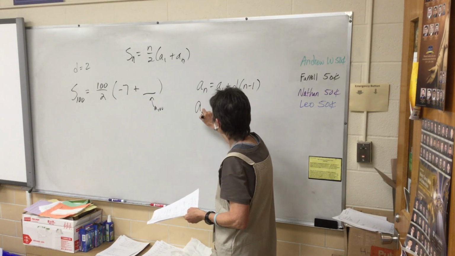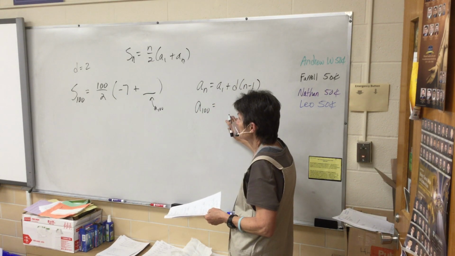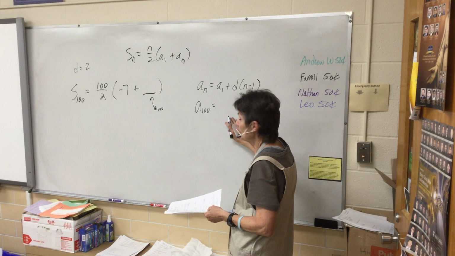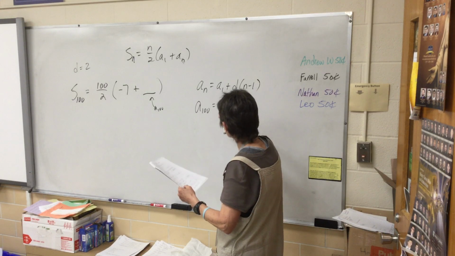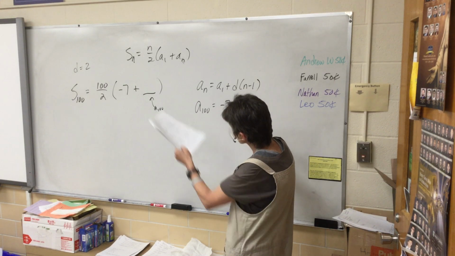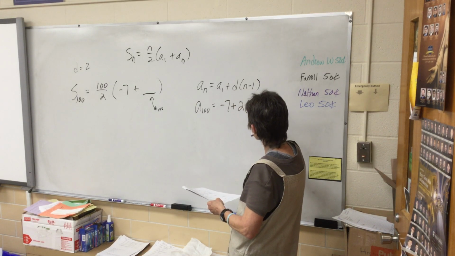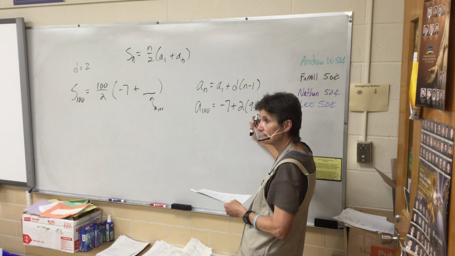So A sub 100 will equal the first term, which is -7, plus the difference, which is 2 times 99, 100 minus 1.